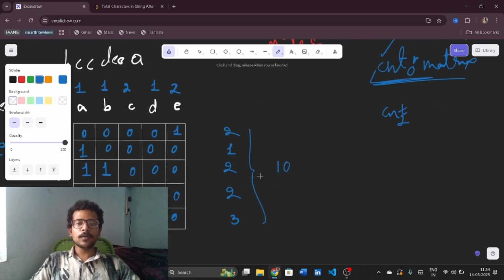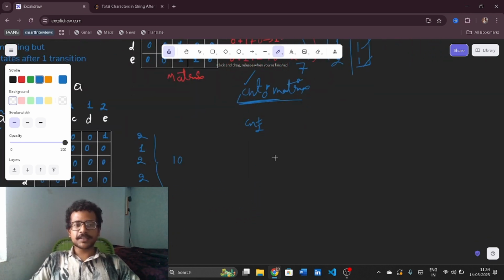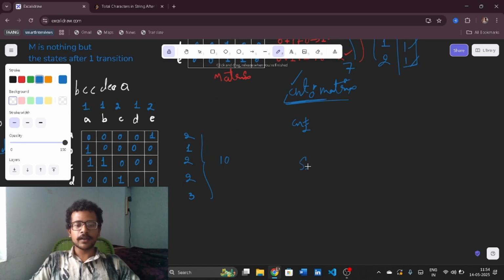Now here, if you see, as I said, the string S1 is equal to count of 0 into the matrix. Now S2 is equal to count of 1 into matrix.